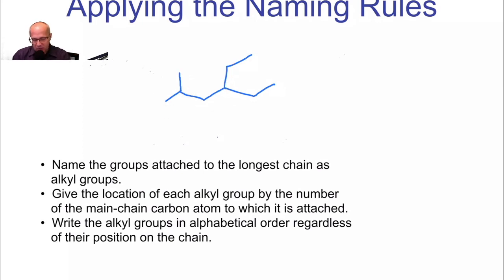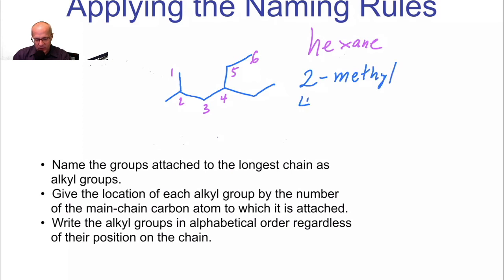Let me get the numbers up. 1, 2, 3, 4, 5, 6. All right, so it's a hexane. And on carbon 2, we have a methyl. And on carbon 4, we have ethyl.